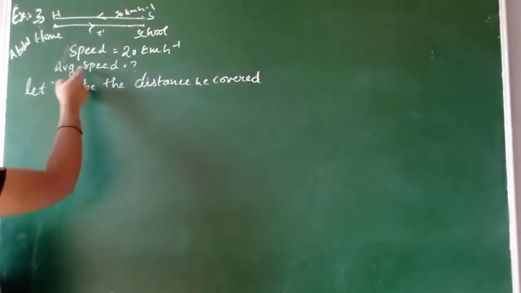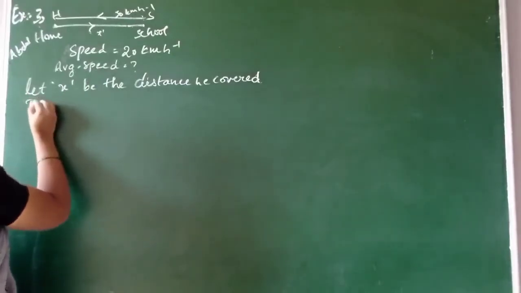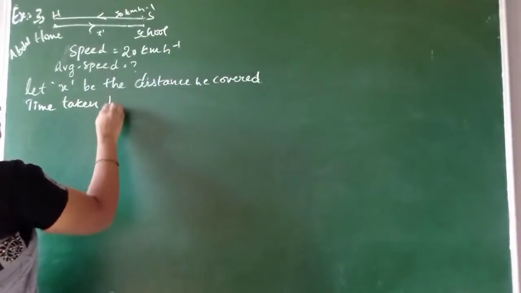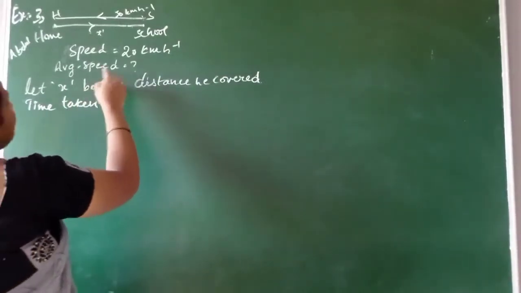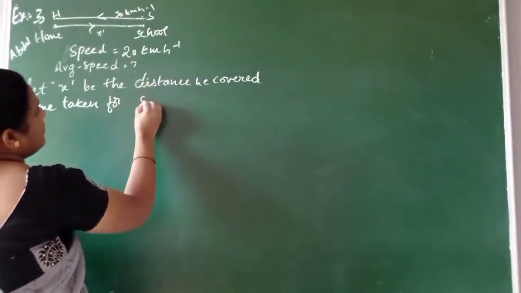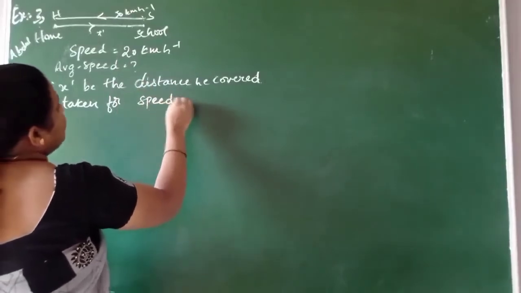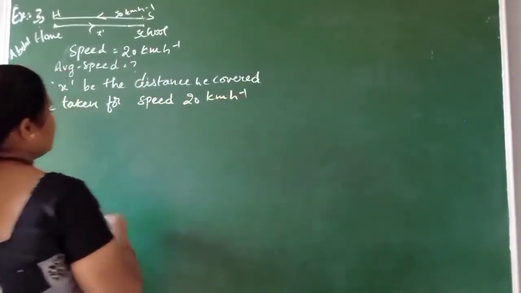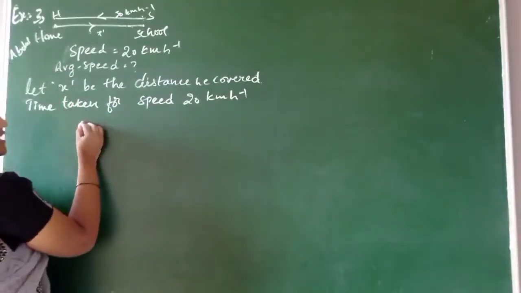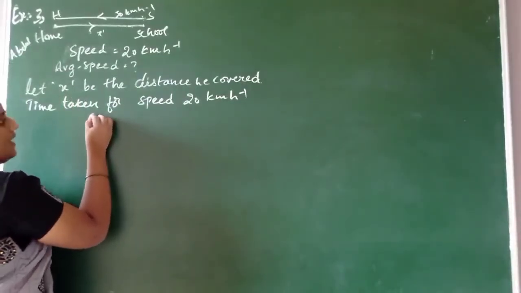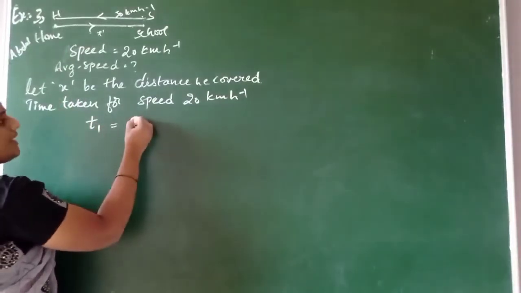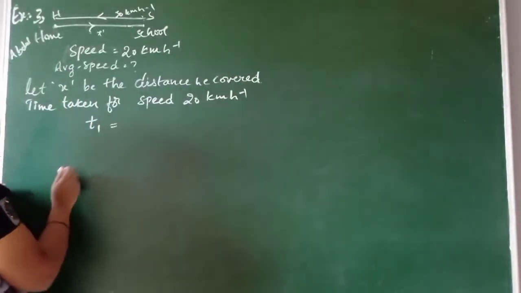For the first trip, the speed is 20 km per hour, but the time we don't know. It can be taken as T1, which is distance divided by speed.